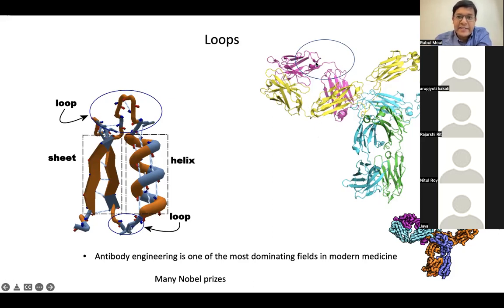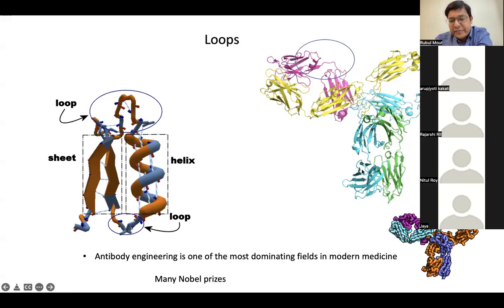You might think the loop is only good for connecting these beta strands and alpha helices. That is true, it's a connector, but most of the function actually arises from there, because loops are very floppy and easily mobile. They can move around and change their shape.